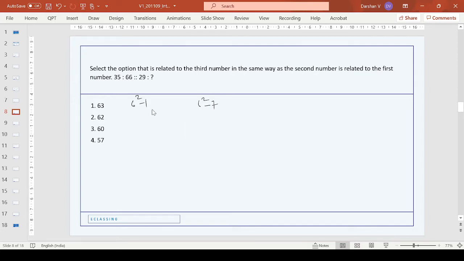There is no particular relation when it comes to squares. If I write it in the form of cube, then also there is no steady relation that's coming up. So we'll just take the difference between the two. 35 and 66, the difference is 31, right? So this difference is 31, and similarly 29 plus 31 will give us 60, which is our answer.